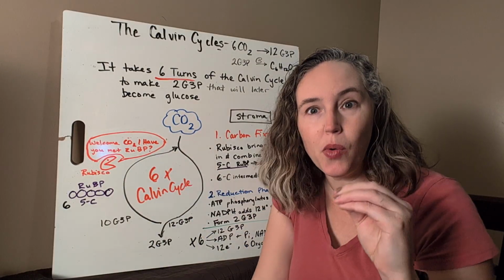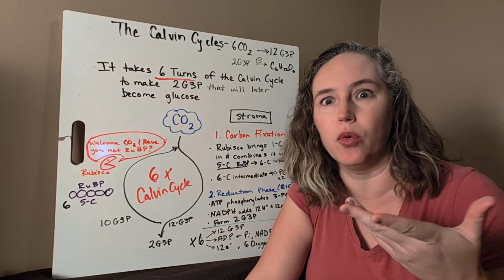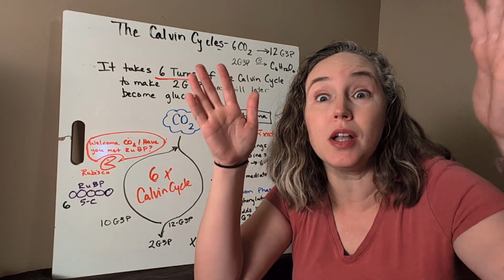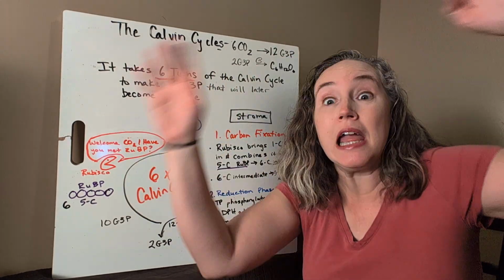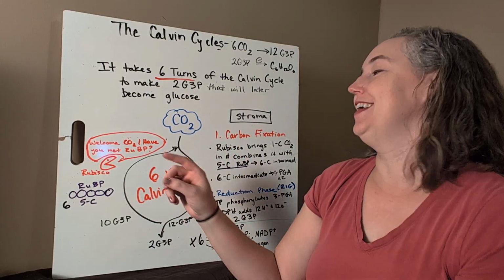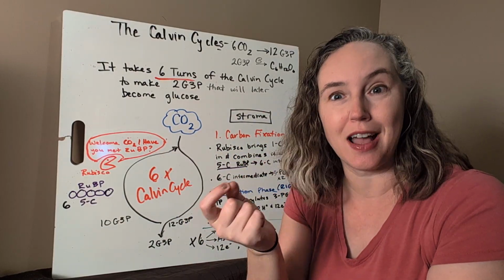Now, Rubisco is one of the few enzymes that AP Bio really cares that you know. And that makes sense because it's the most abundant enzyme on the whole planet, because it is responsible for photosynthesis happening.